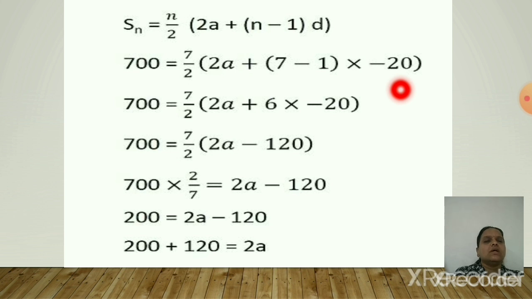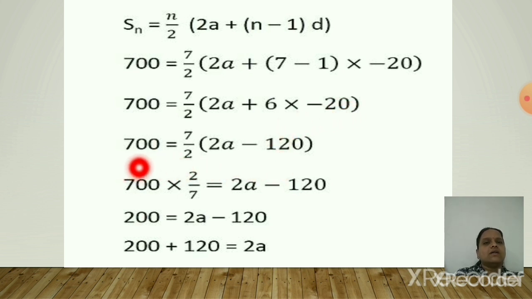If you see the d value, the second term minus the first term, you will get minus 20. Now 7 minus 1 is 6. So you will get 700 equal to 7 by 2 in the bracket 2a plus 6 into minus 20. So 6 into minus 20 will become minus 120.